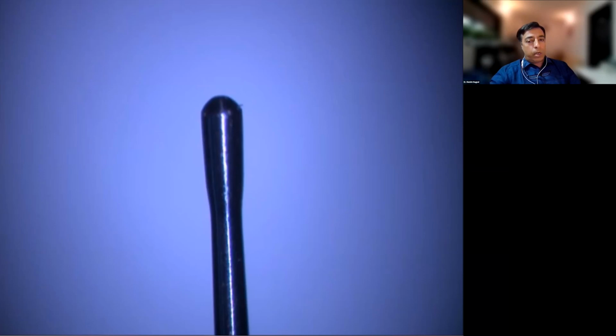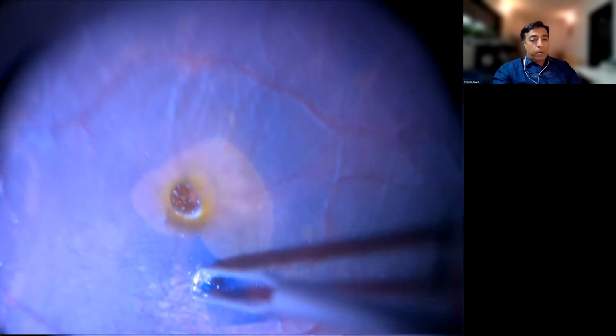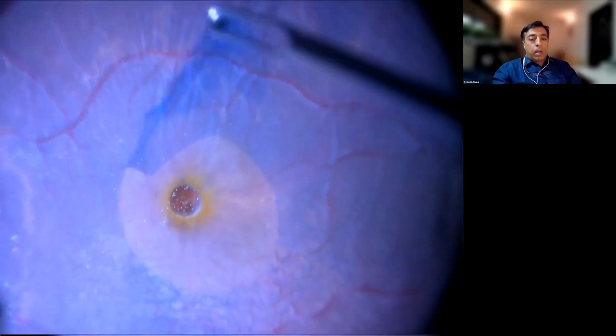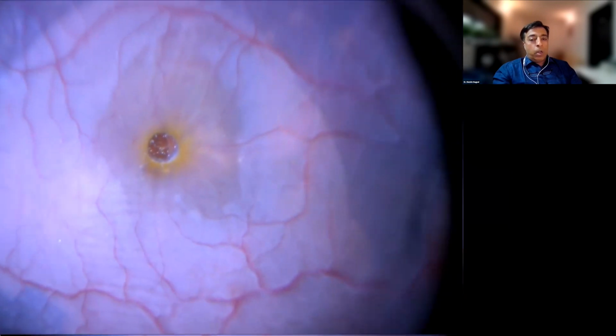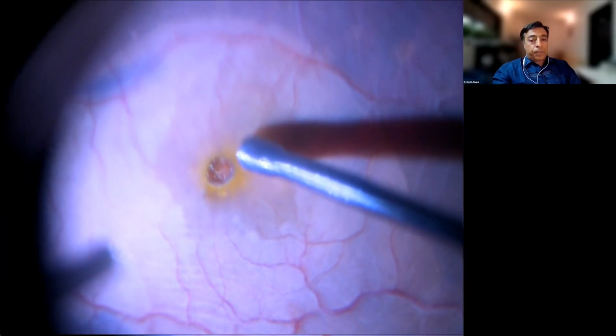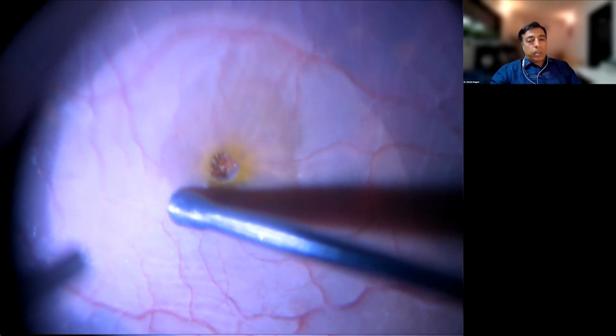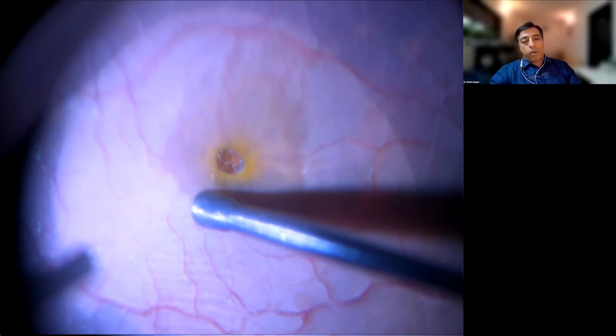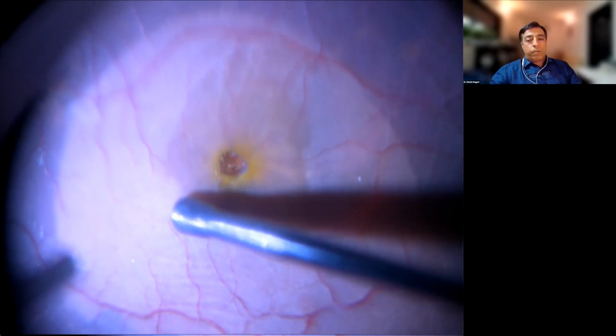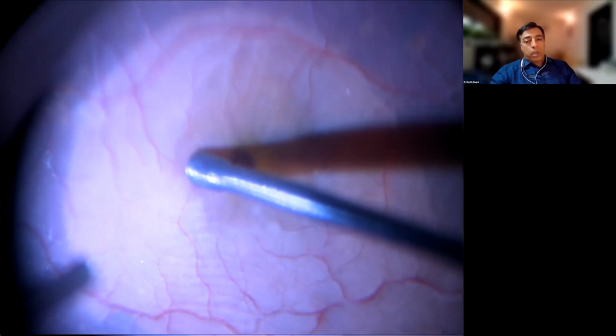It has a smooth tip, a small ball shaped rounded edge, which works very atraumatically for this purpose. After peeling around the hole, we use this massager very gently, and it is less traumatic than using something like a soft tip or a cutter shaft or the edges of a forceps, which in the past I was using.